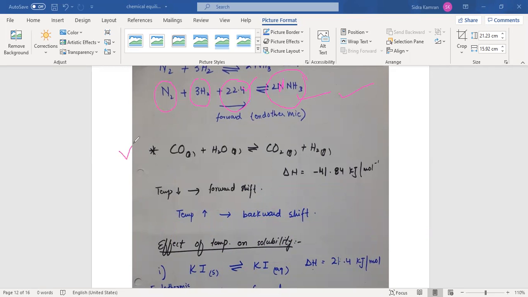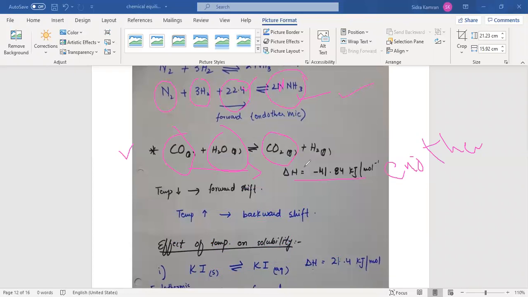In this reaction, the formation of carbon dioxide from carbon monoxide and water, the enthalpy change is minus 41.84 kilojoules per mole. So this shows that this is an exothermic reaction. If you increase the temperature in this exothermic reaction, it will not move forward, because it needs to release the energy.